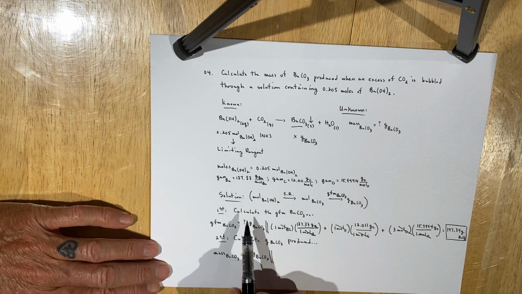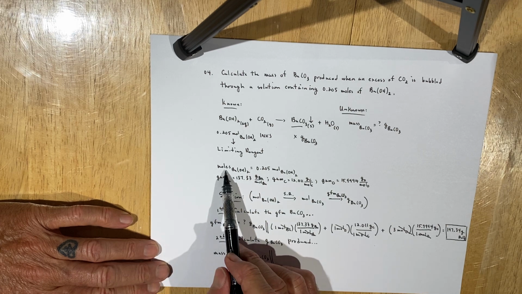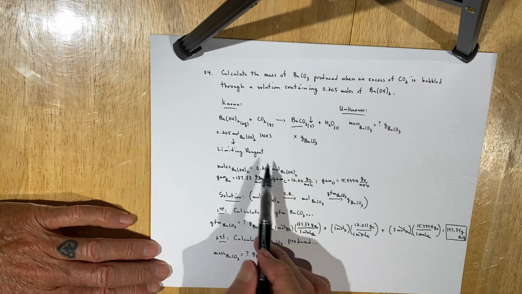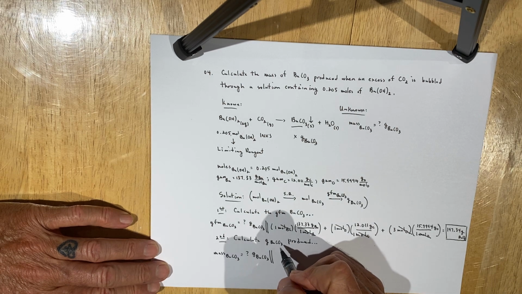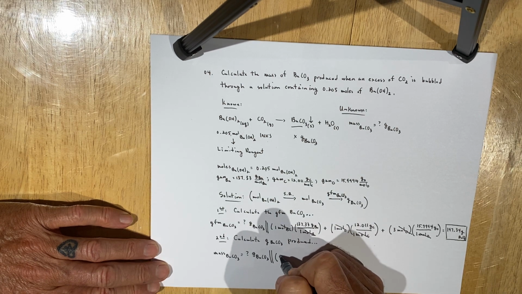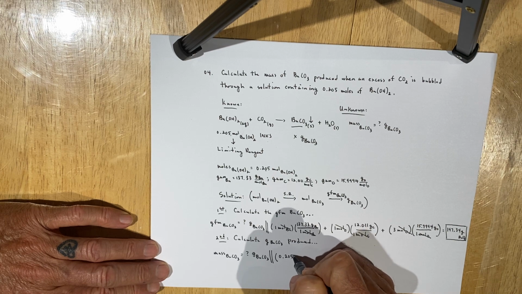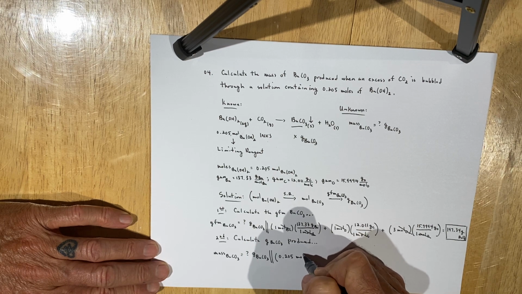Always start with the information you're provided with, because you're told that you have a given number of moles of barium hydroxide, which is 0.205 moles.